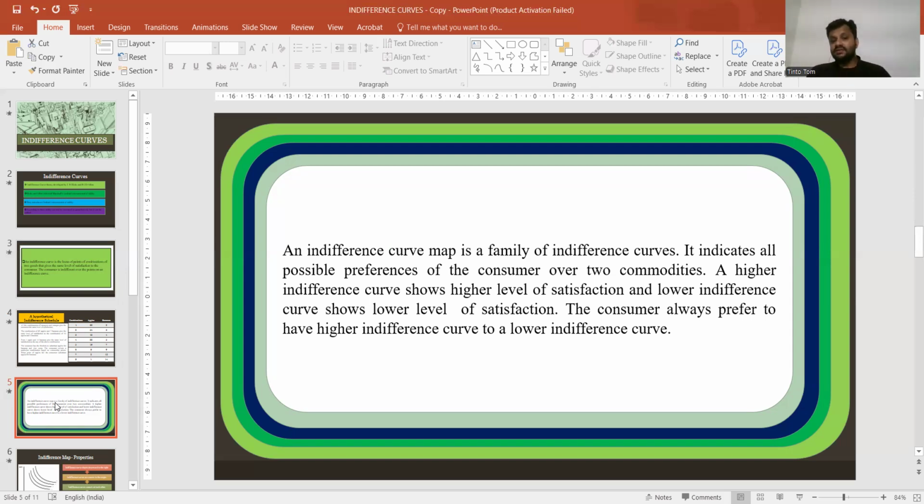A higher indifference curve shows a higher level of satisfaction, and a lower indifference curve shows a lower level of satisfaction. The consumer always prefers a higher indifference curve to a lower indifference curve. So the indifference map is a family of indifference curves.